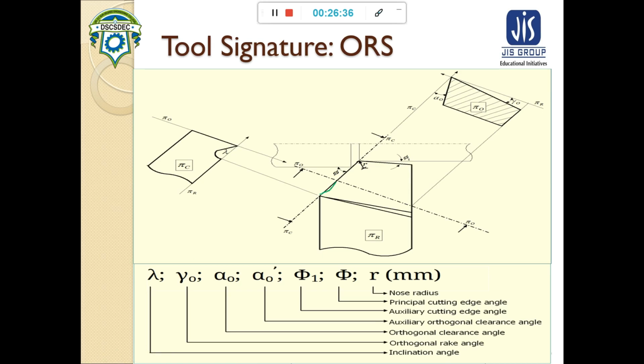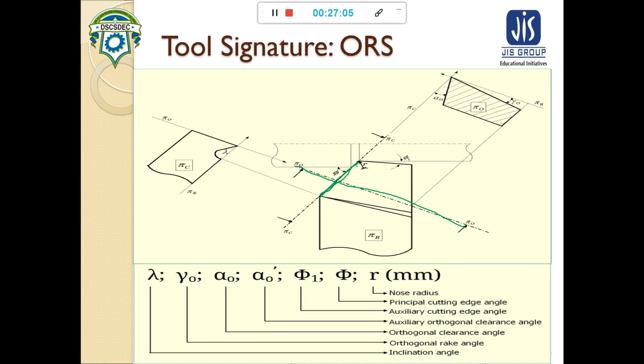On that principal cutting edge lies one plane. That plane is known as the cutting plane, pi c, and perpendicular to that a plane lies. That plane is known as the orthogonal plane. Perpendicular to these two, orthogonal and pi c, there exists a plane.